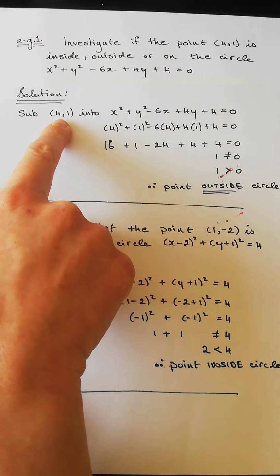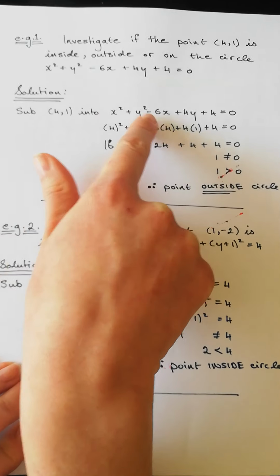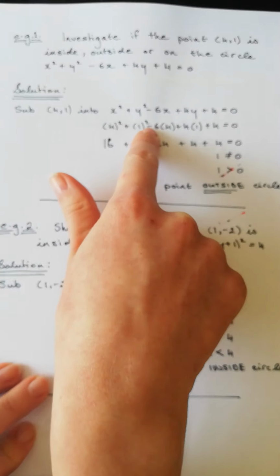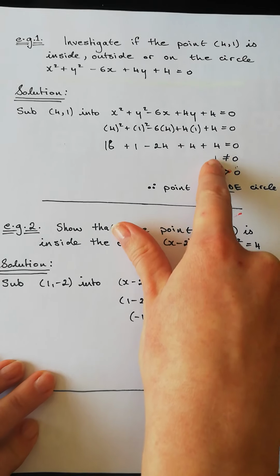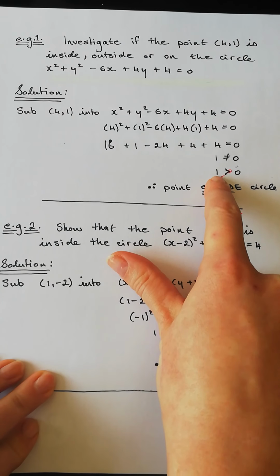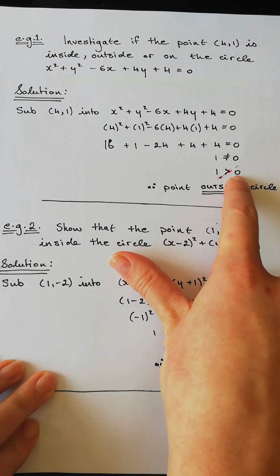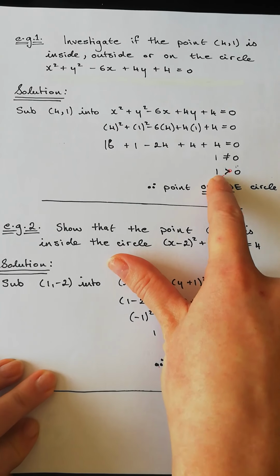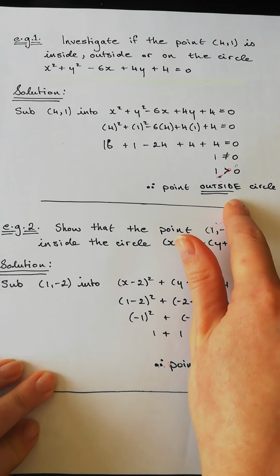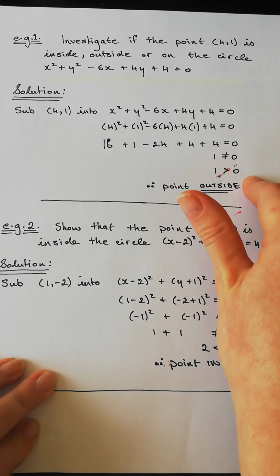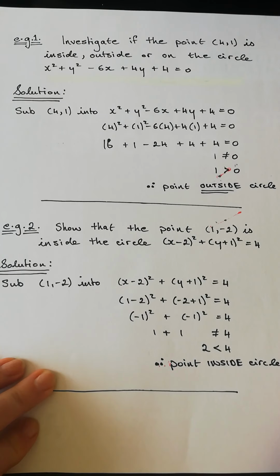All I have done is subbed (4, 1) into that, 4 in for x, 1 in for y. I end up getting 1 on the left hand side. One is greater than 0, or this is positive, which means the point is outside the circle. Left hand side greater than right hand side, point is outside the circle.